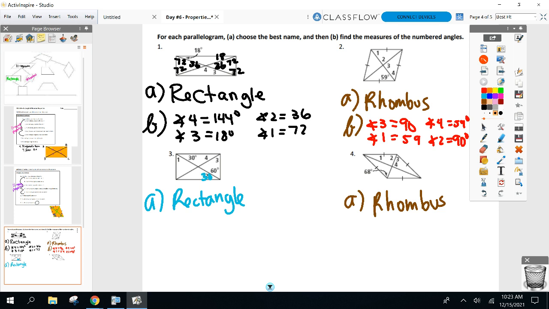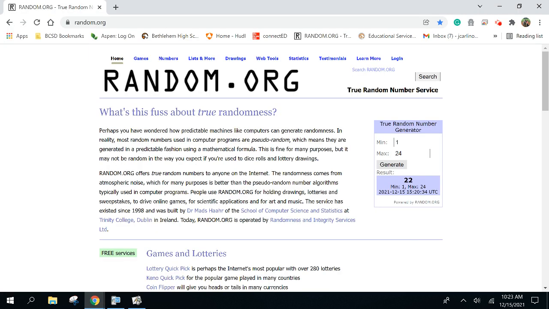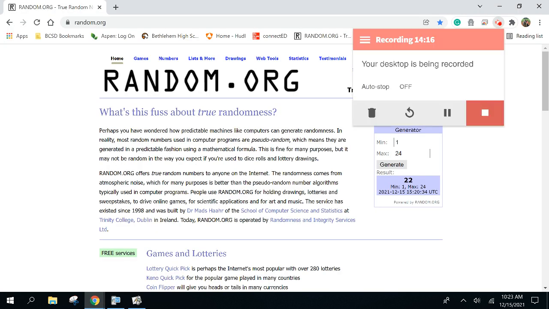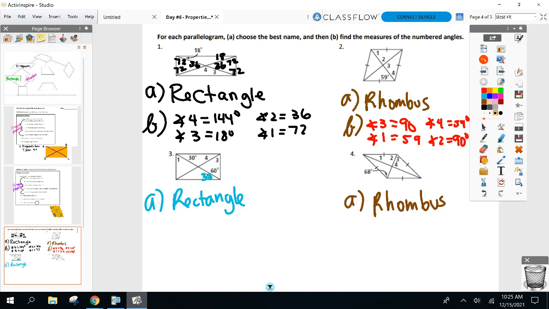Number 3. This is 3. This is 68 and then 3. And 1 would be 22. Angle 1, 2, and 3, and 4.